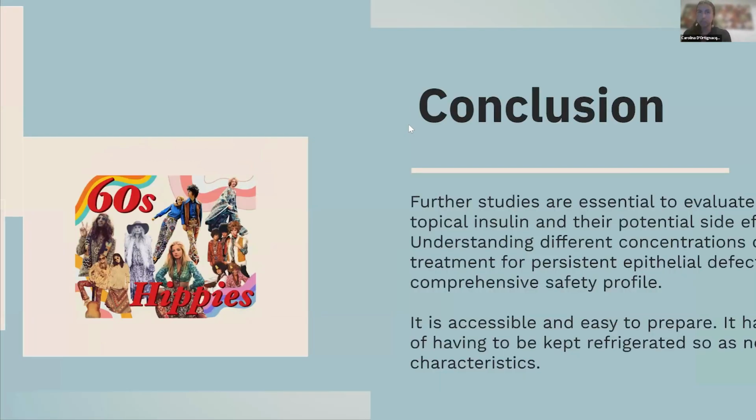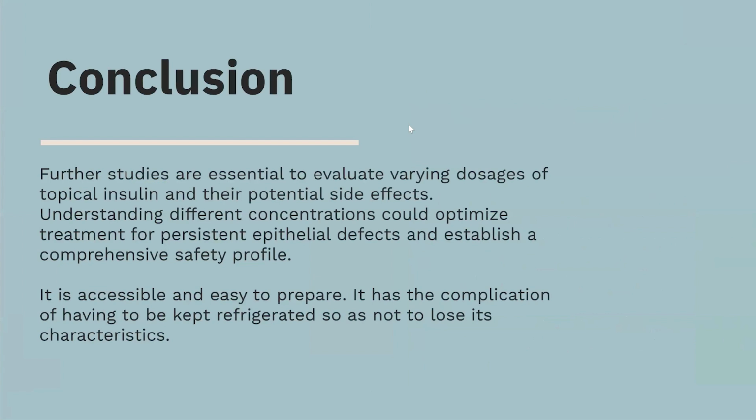The conclusion of this case is that further studies are essential to evaluate varying dosages of topical insulin and their potential side effects, understanding different concentrations that could optimize treatment for persistent epithelial defects and establish a comprehensive safety profile. Also, this insulin is very accessible and easy to prepare, but it has the complication of having to be kept refrigerated so as not to lose its properties.